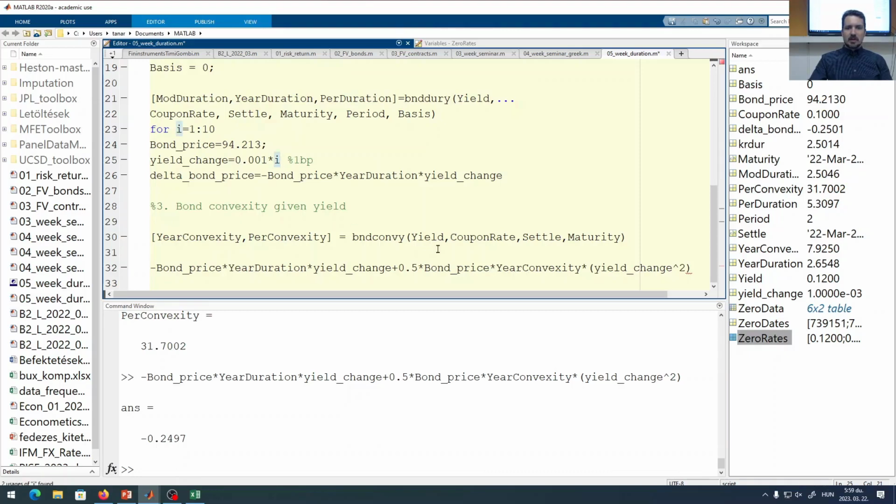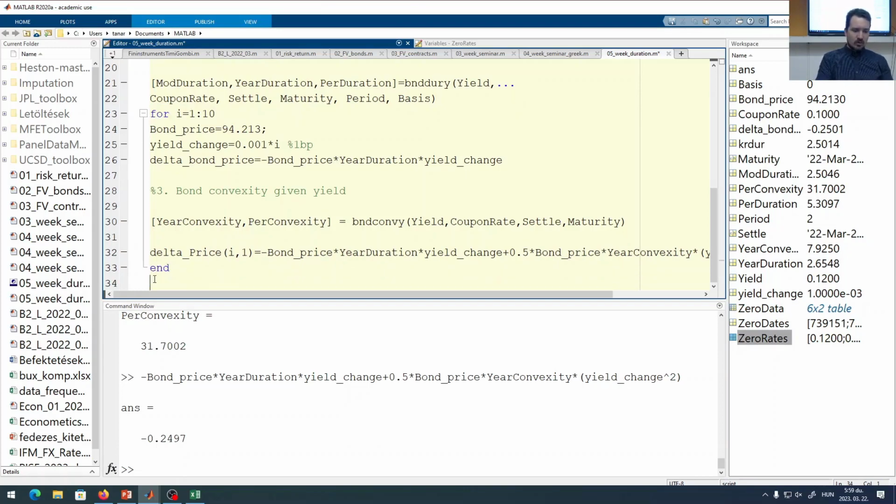So this is increasing by I, and there will be the delta price. Just to have some practical application.